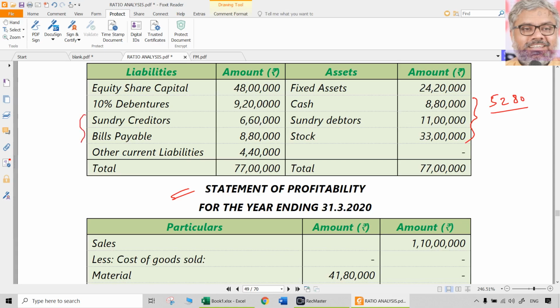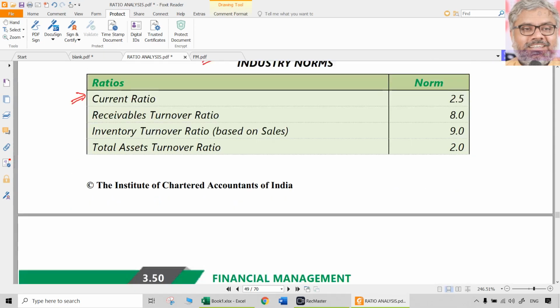Current liabilities also there are 3: sundry creditors, bills payable, other current liabilities. So 660 plus 880 plus 440, 19 lakhs 80,000, so 1980,000. So what is the current ratio here? 5280 divided by 1980, all rupees in thousands. It is 2.67 times. That is the current ratio of this company.